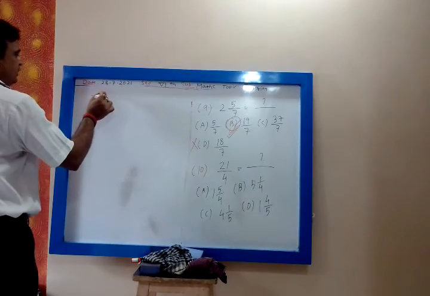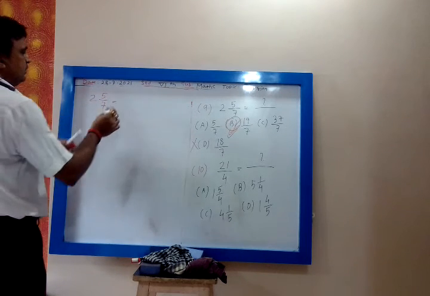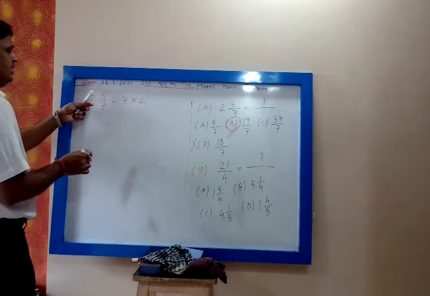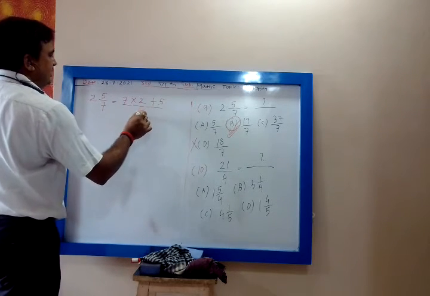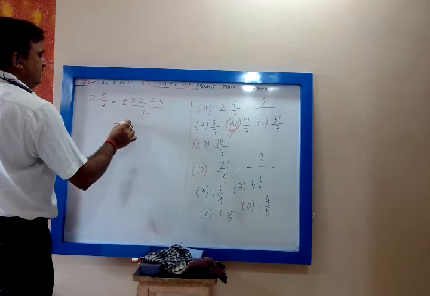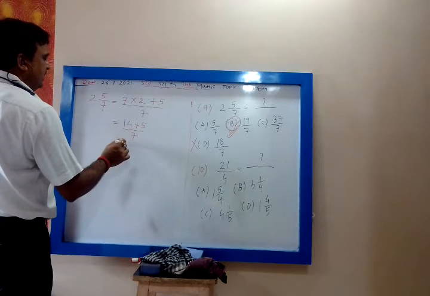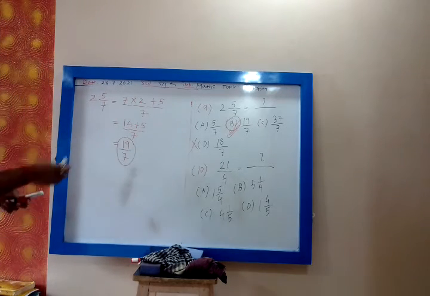My dear, 2 is to 5 by 7. You have to multiply 7 to 2. So that is 7 into 2. Then after multiplication you have to add 5. So plus 5. Upon denominator is 7. 7 2s are 14. 14 plus 5 upon 7. 14 plus 5 is 19 upon 7. So the answer is 19 upon 7.